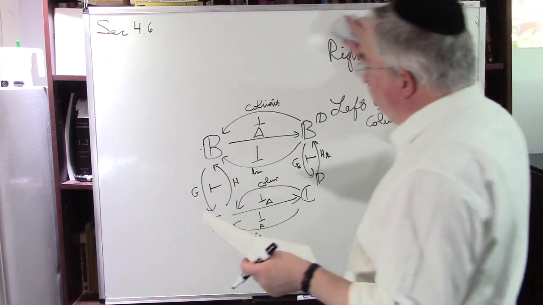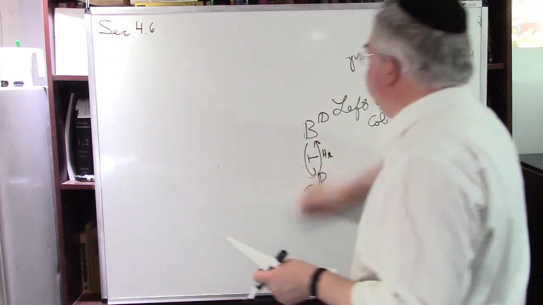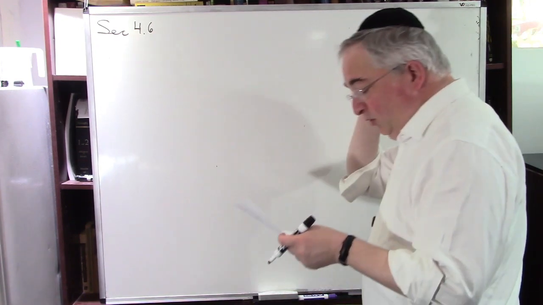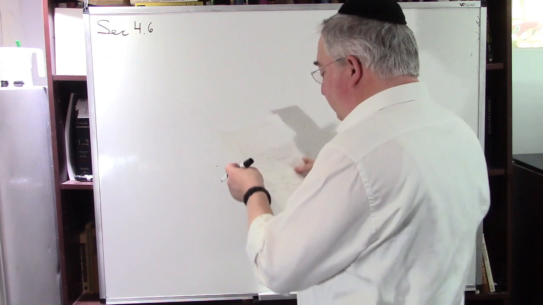Okay, let's talk about completeness. Good, so now that we have a nice clear description of what we mean by a limit and colimit, let's say the following thing.